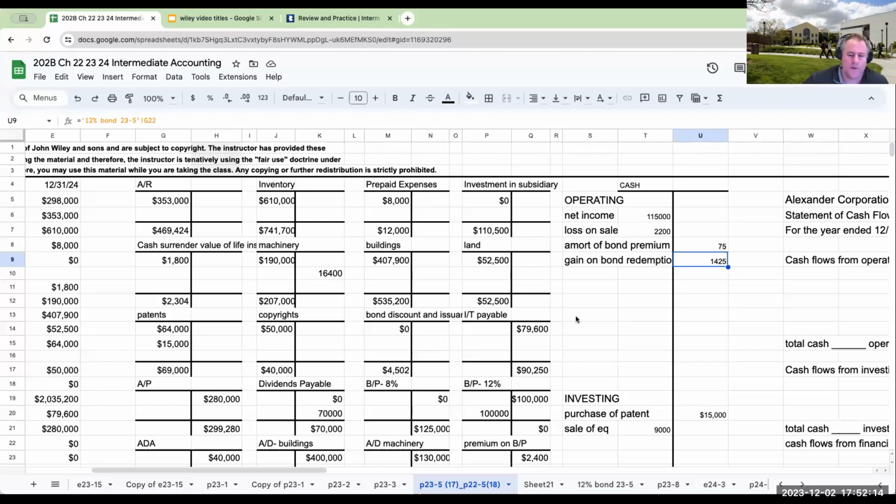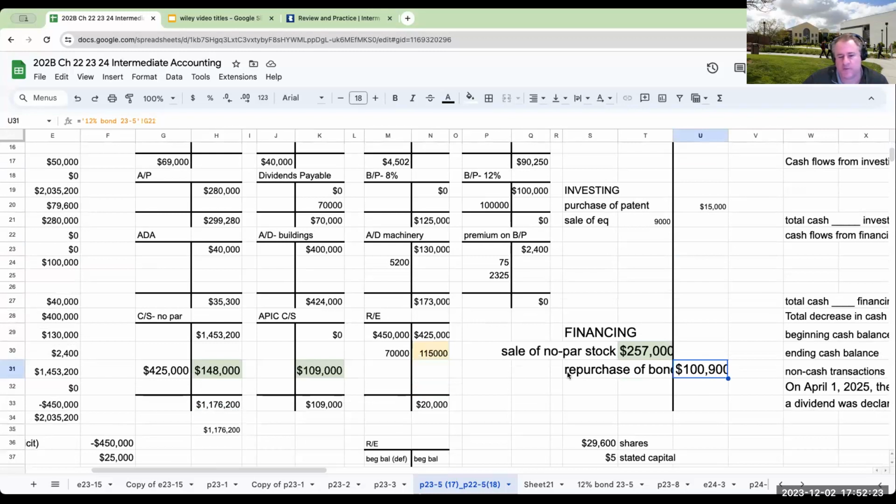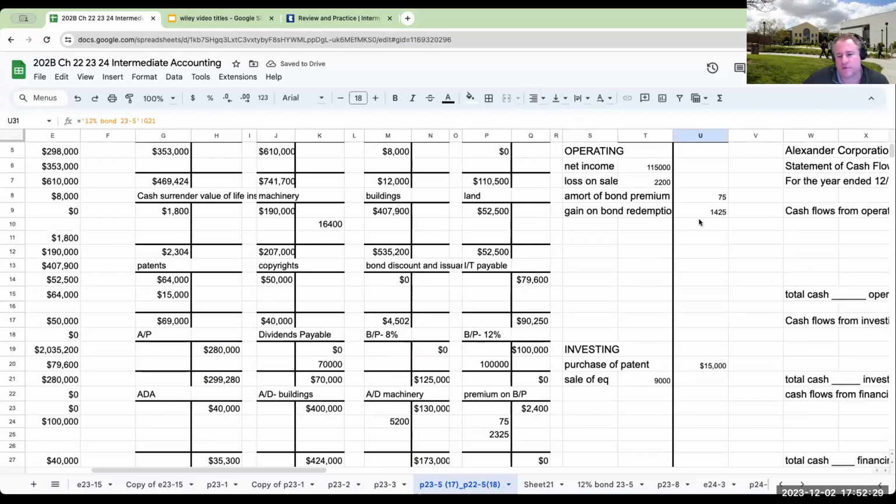Okay. So again, when we have this bond being redeemed, we're going to show the cash we're paying out in the financing section. We're then going to show in the operating section any gain as a credit.